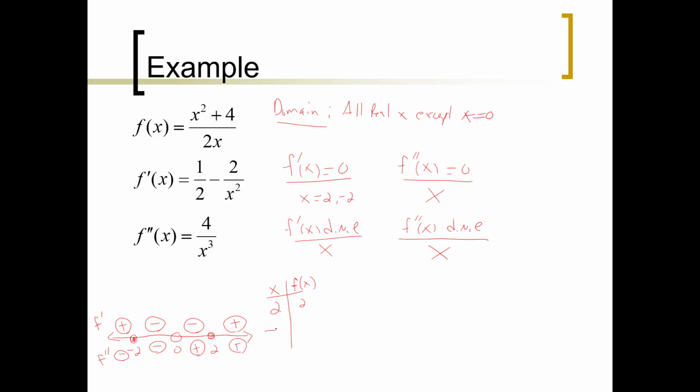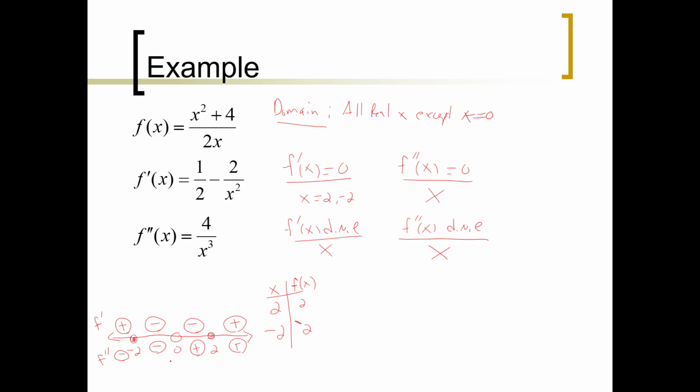Also, if you look at negative 2, notice how the first derivative changes sign and we have continuity. So that means by the first derivative test, if you plug in negative 2, you get negative 2. That point would also be a relative extrema. In this case, it would be a relative max because the function is increasing and decreasing afterwards.